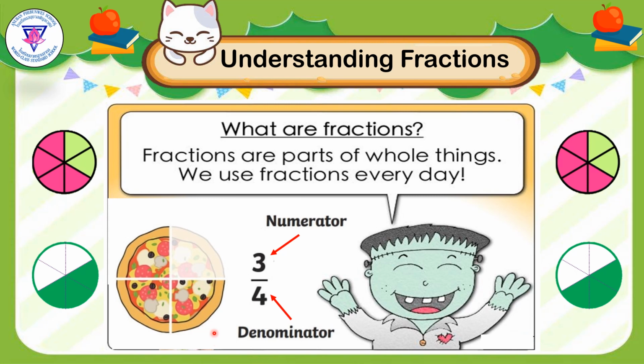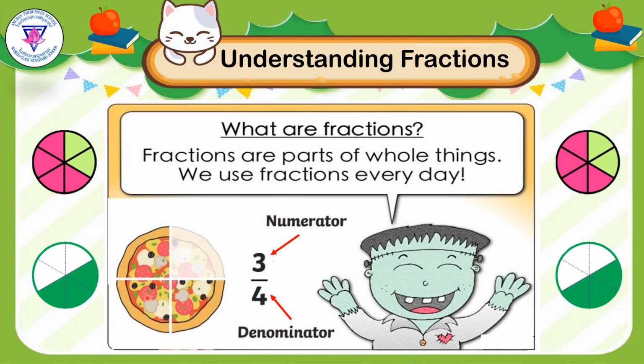As you can see, there is an example of one whole pizza, wherein this pizza is divided into 4 equal parts. Let's count 1, 2, 3, and 4. There are 3 slices remaining in this pizza.